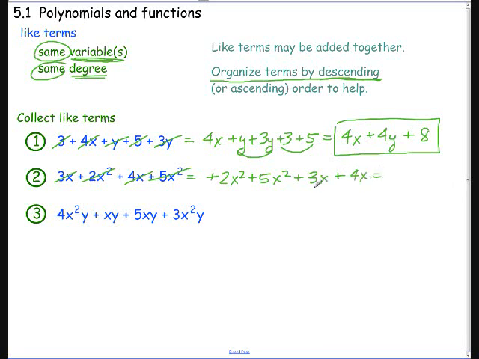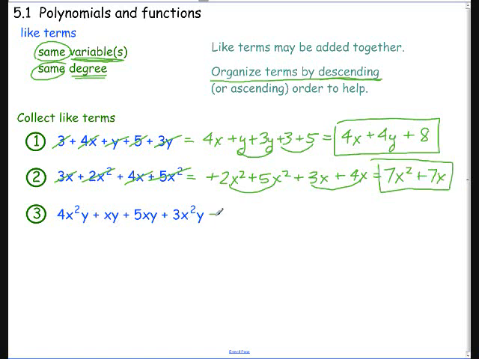And now I can combine like terms. These are both x to the first. These are both x to the second. So 2 plus 5, I've got 7x squared, and I've got 7x to the first power.